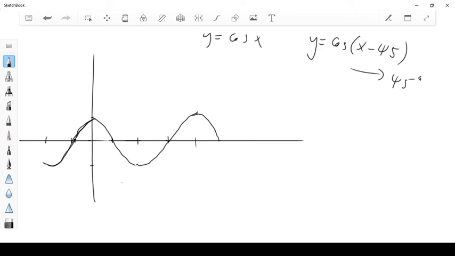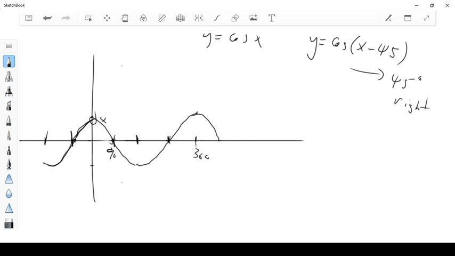And now I'm going to take my key values and move them 45 degrees to the right. Now remember that each tick mark is 90: 90, 180, 270, 360. This is 90 right there, this is negative 90, this is negative 180. So if I'm shifting 45 degrees to the right, then I'm going to take my key points and move them half a tick mark to the right.